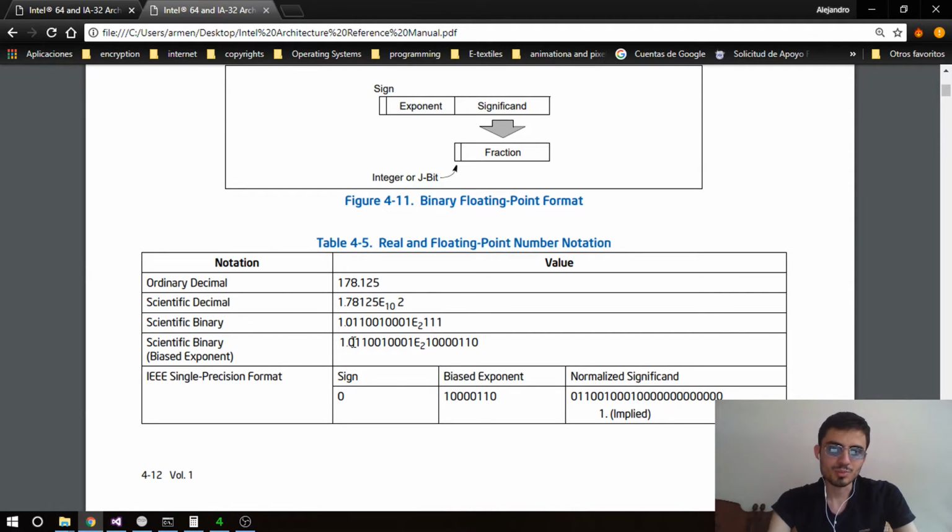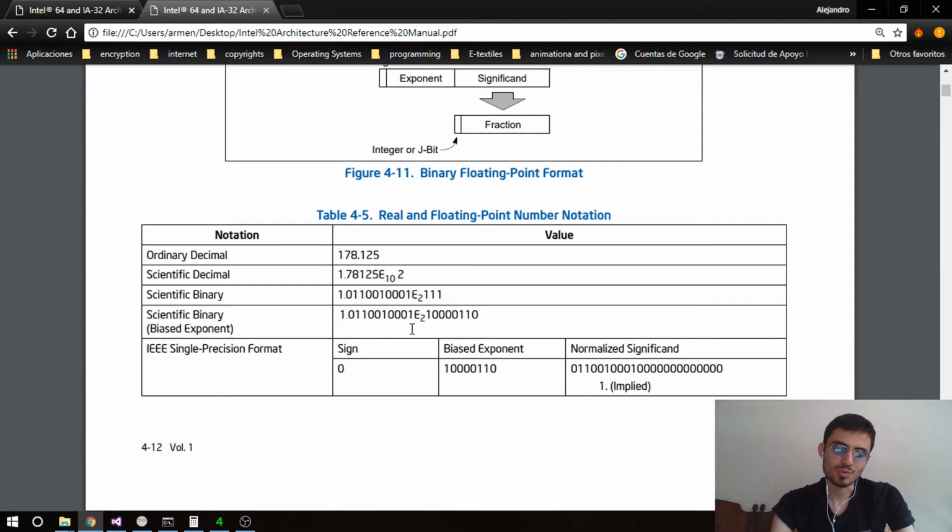So for example, this number, 178.125, is 1.78 times 10 to the 2.